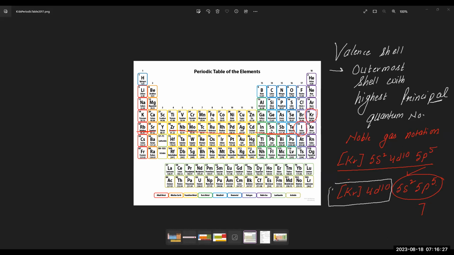They are not participating in chemical reactivity. So how many inner core electrons, Arjun? 36 plus 10, 46. Is it okay, children?